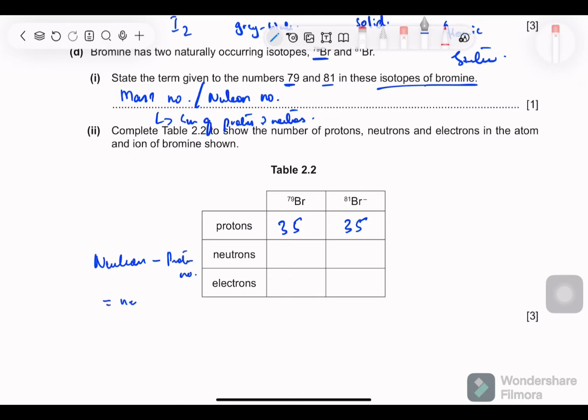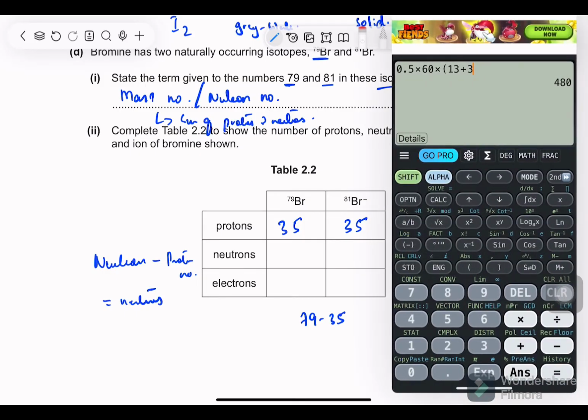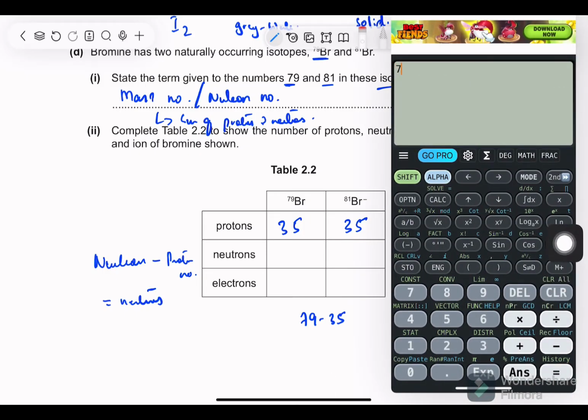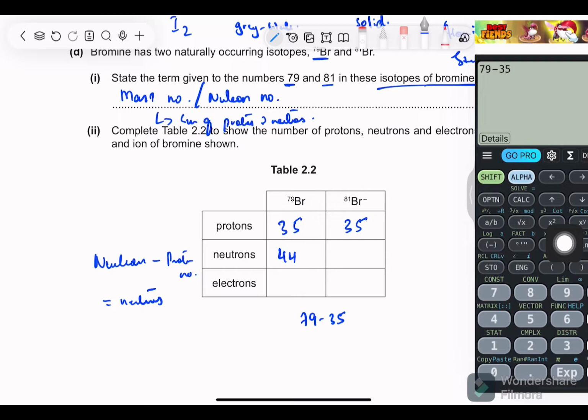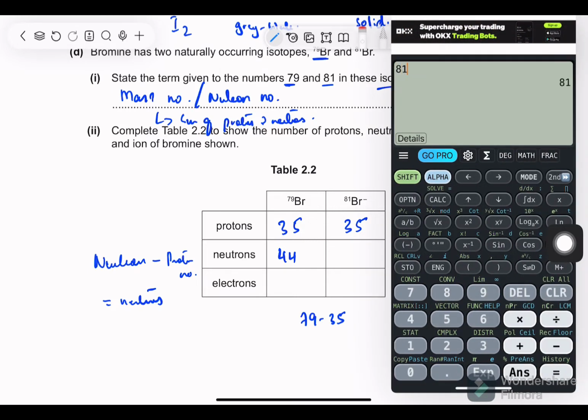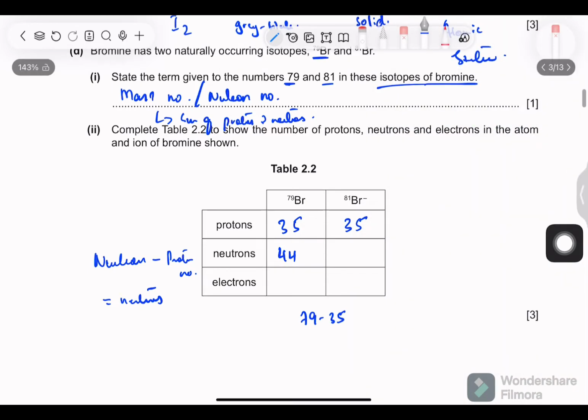So you just have to subtract 79 minus 35, you will get 44. And over here you will get 81 minus 35, 46.